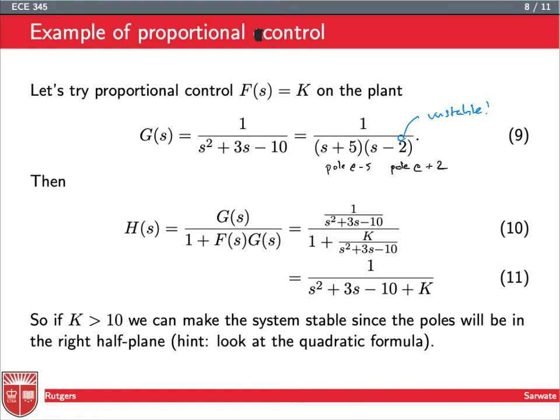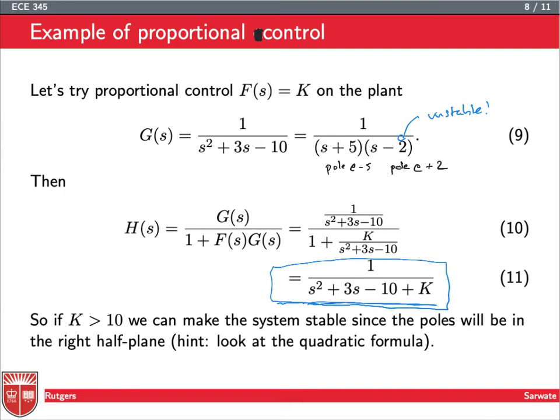And so we can just apply the same Black's formula, cross multiply, and then we multiply top and bottom, and we get the following expression: 1 over s squared plus 3s minus 10 plus k. So as long as we choose k greater than 10, we can make the system stable since all the poles will be in the left half plane.